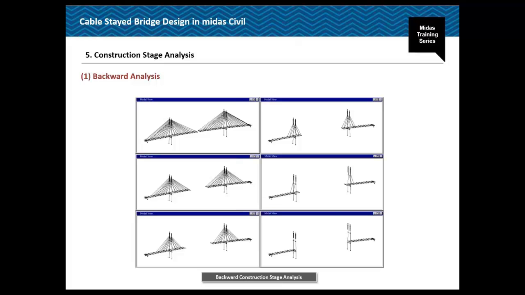So we cannot apply this backward analysis in case of the non-symmetrical cable-stayed bridge. So there are two limitations in the backward analysis. One is we cannot consider the creep and shrinkage effect. The other one is we cannot apply this to the non-symmetrical cable-stayed bridge.